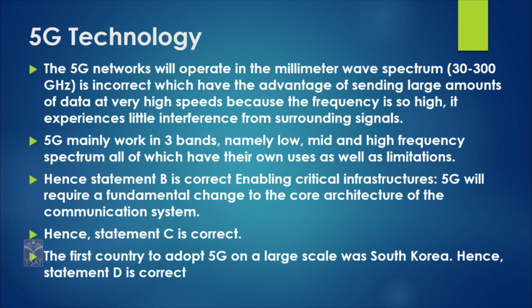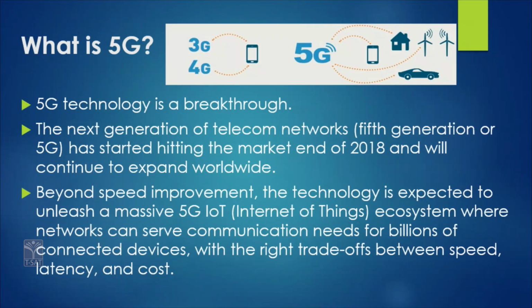If you know each and every one, now come to what 5G is. We have 3G, third generation, and 4G, fourth generation. Third and fourth generation are used only for our mobile networks, but 5G can be used not only for mobile networks but also for homes, radars and cars.